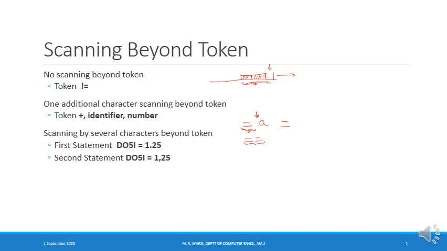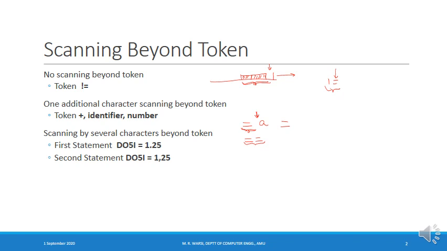So in most of the cases, in order to recognize the token, scanning by one character may be required. Let's take another example. I have, for example, not equal to. Now, in order to recognize this, no extra scanning is required. The moment I scan the equal symbol, I come to know that this is a token.